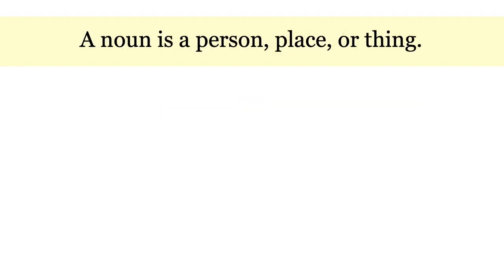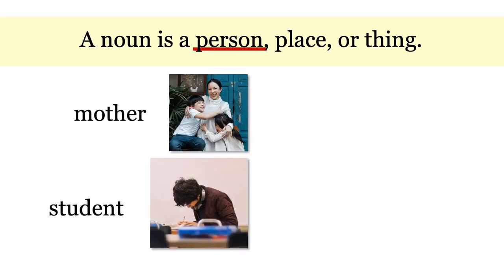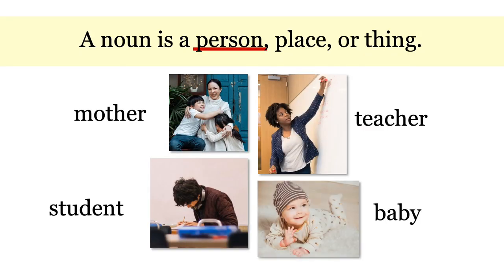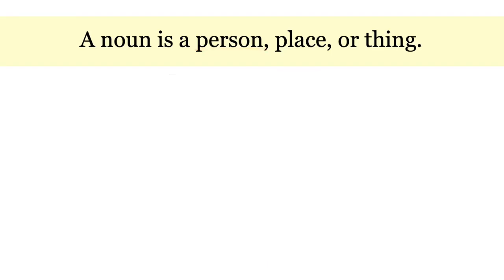To begin, a noun is a word that is a person, place, or thing. For example, a noun is a person, like the words mother, student, teacher, and baby. A noun is also a place.